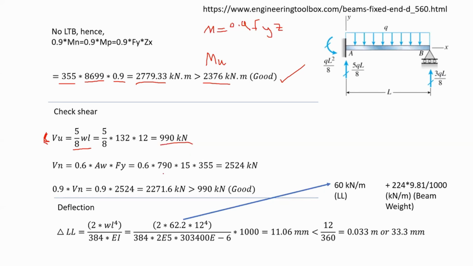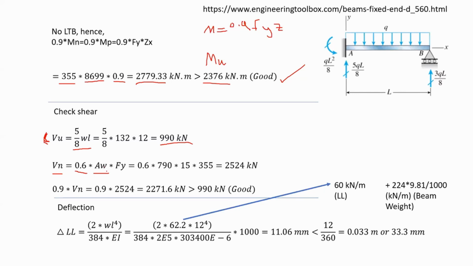Now I want to check the capacity of my member, the nominal shear capacity of my member. So I'm saying Vn equal to 0.6, and I'm considering the area of the web for the section that I have. I'm neglecting the flanges' area because 96% or above of the shear stress is taken by the web.